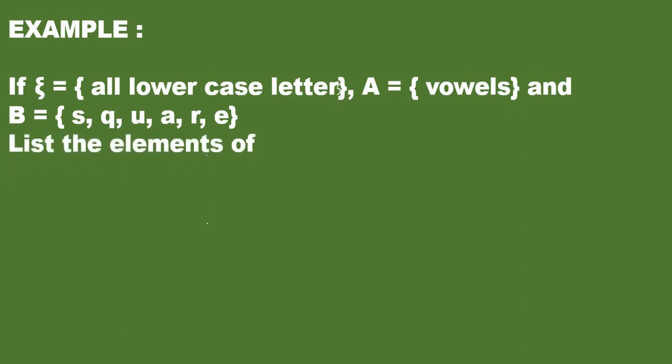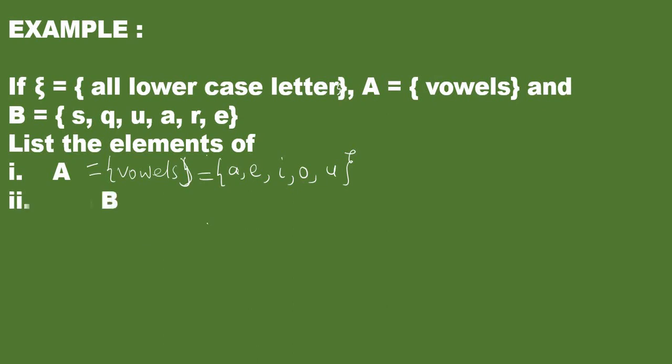List the members of A. We've done this before. A is vowels, and that is simply A, E, I, O, U. These are your vowels in the English language.